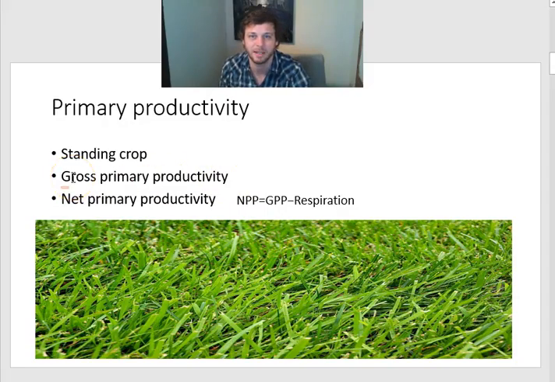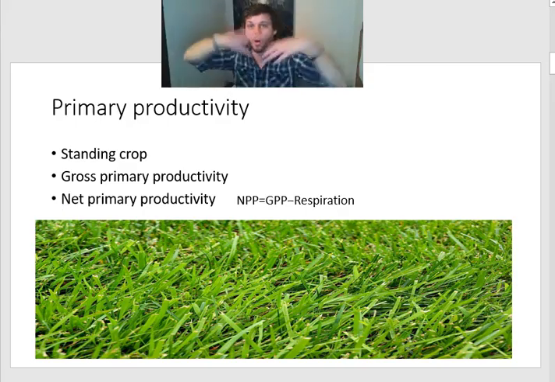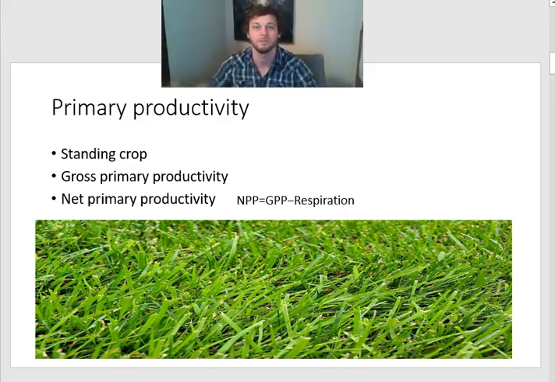And we can break this primary production down. Typically you talk about either the gross or the net primary production. So the gross is all that is being produced. The net primary production is your gross minus your respiration. So the gross is how much energy is being transformed.